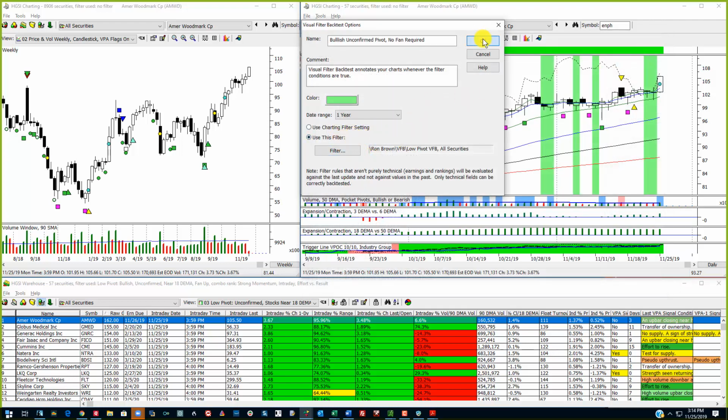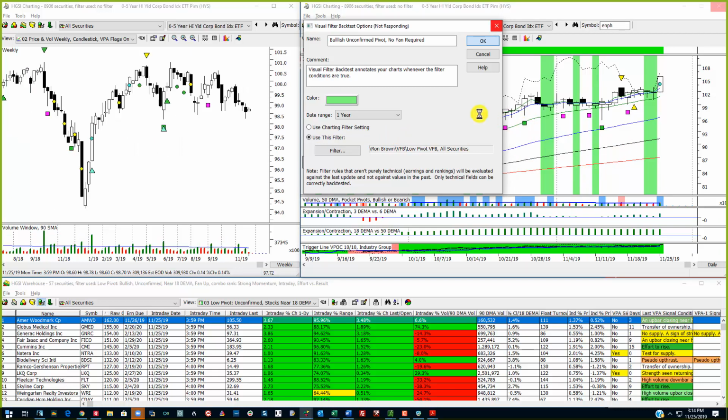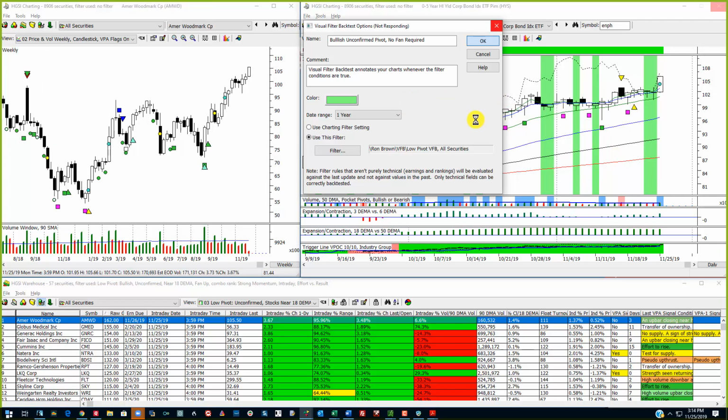I have one for up and one for down. I'm not going to show you both of them because there's no need to. But you can use this as soon as this recalculates. You can use this and type any stock in here.